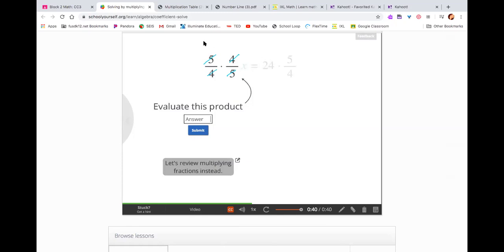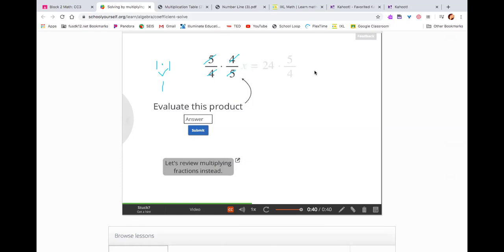Okay. 5 divided by 5 is 1. And then 4 divided by 4 is? One. Good. So now we have ones, and 1 times 1 is? 1.